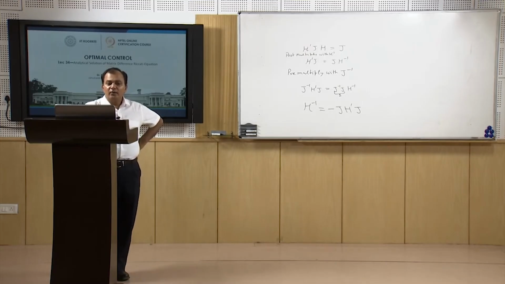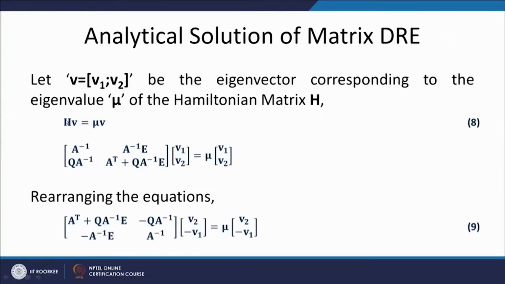We consider V to be the eigenvector of matrix H. This means my eigenvector identity H V equal to mu V will exist, where mu is the eigenvalue of matrix H. Then this is my H, V1 V2, which is the structure of the V I have considered.